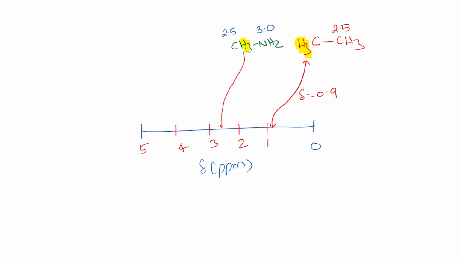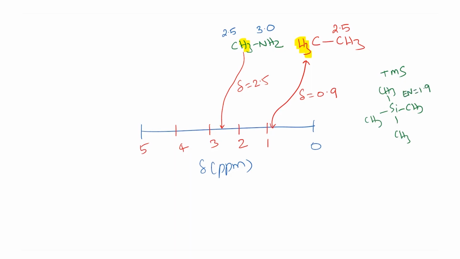Is this a surprising result? Let us analyze that. What we discussed earlier was tetramethyl silane, which is basically silicon next to 4 CH3s. The hydrogens show up at 0, and the electronegativity of silicon is 1.9.